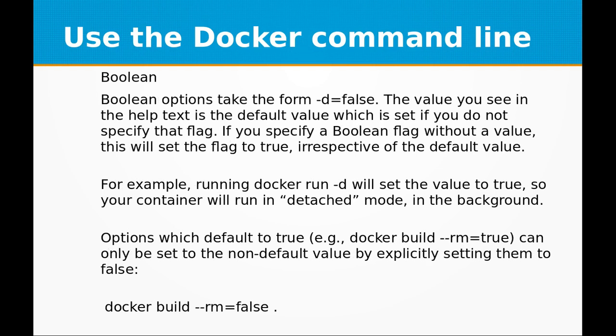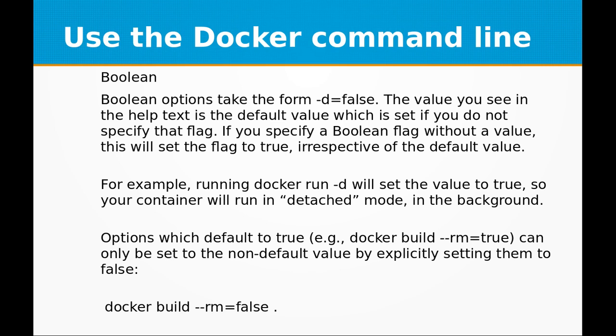Okay, the next thing is Boolean options. Take the form -d equals false. The value you see in the help text is the default value, which is set if you do not specify that flag. If you specify a Boolean flag without a value, this will set the flag to true, irrespective of the default value. For example, running docker run -d will set the value to true.